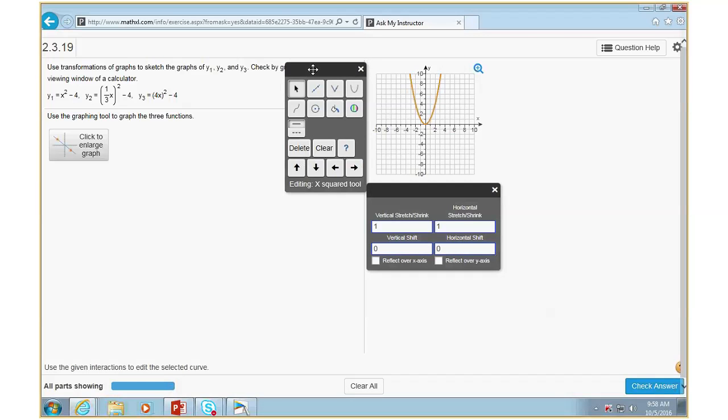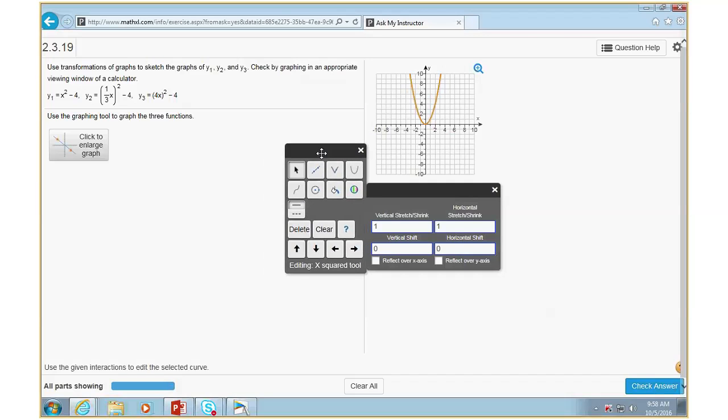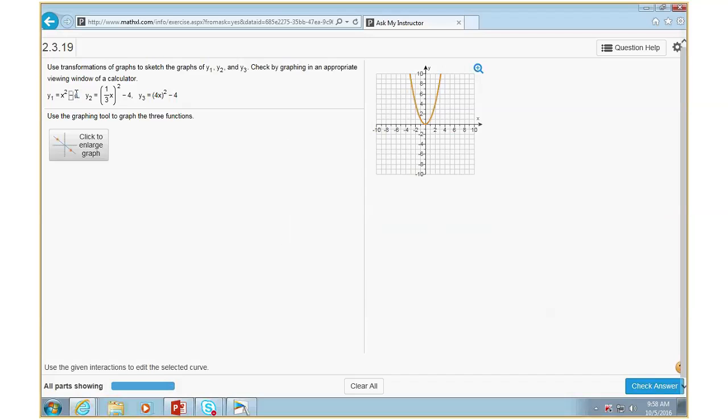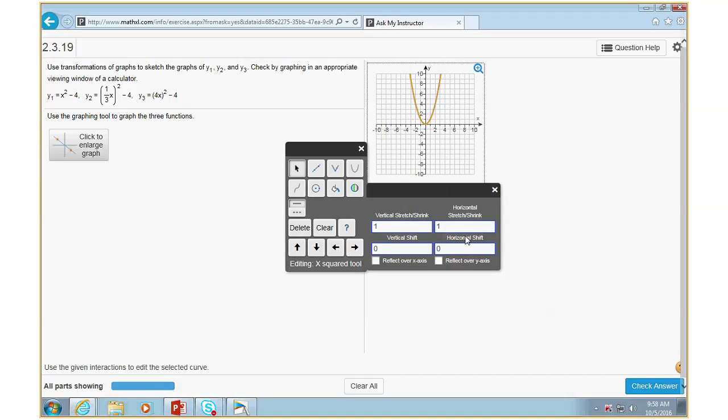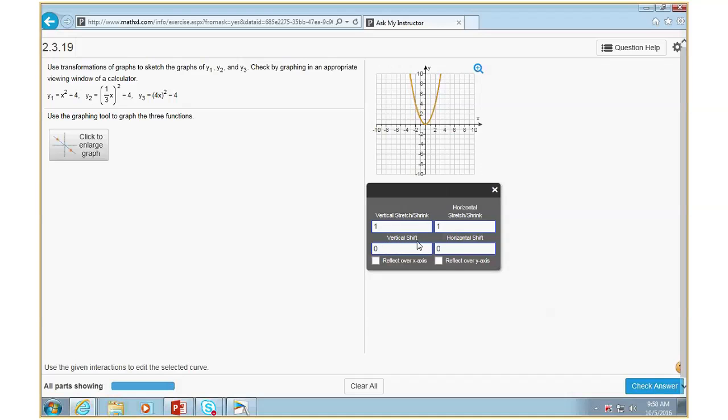This is where they're telling you to compare it to the basic model. So what does negative 4 tell you? Down 4, a vertical shift of 4. So look for your vertical shift of negative 4. Okay, that's y sub 1.